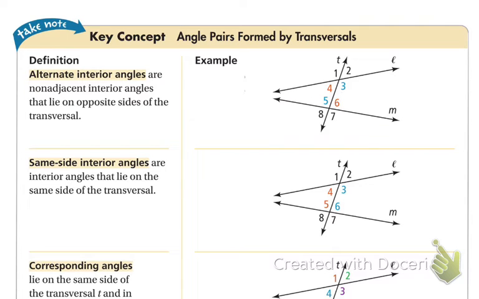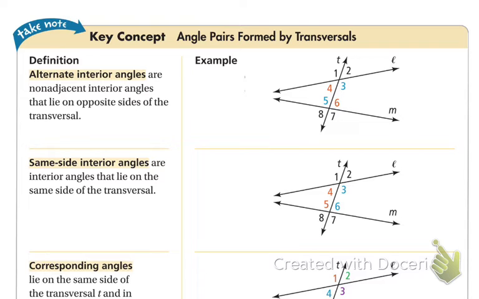So the first thing we're going to talk about is alternate interior angles. Those are non-adjacent interior angles that lie on opposite sides of the transversal. So they have to be on the interior, and they have to be on opposite sides of the transversal and on opposite lines. They meet a lot of requirements. So 4 and 3 would not be alternate interior angles.